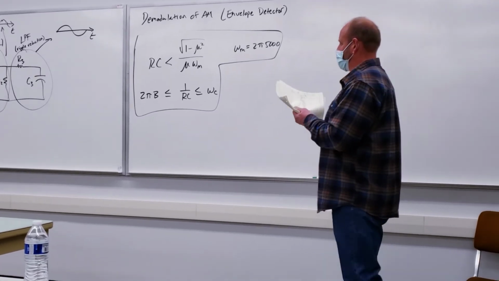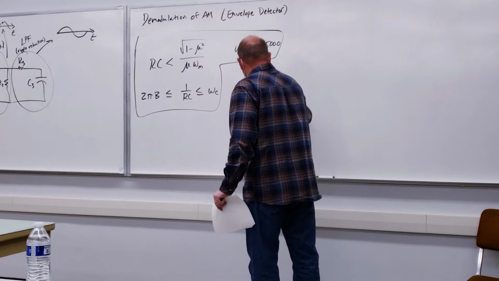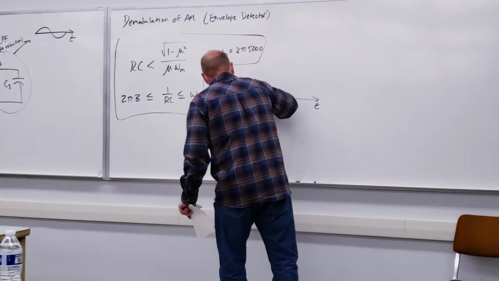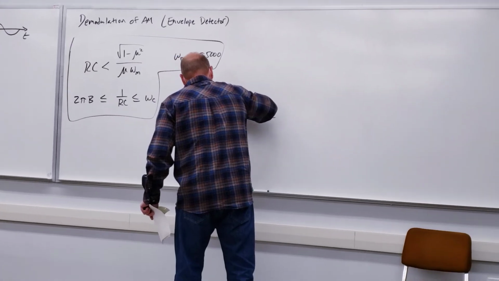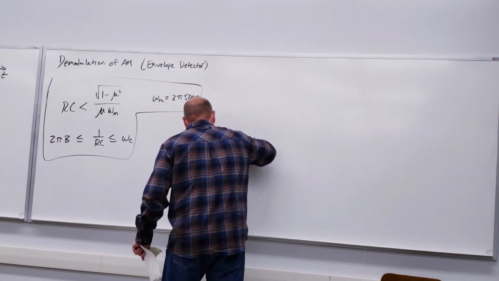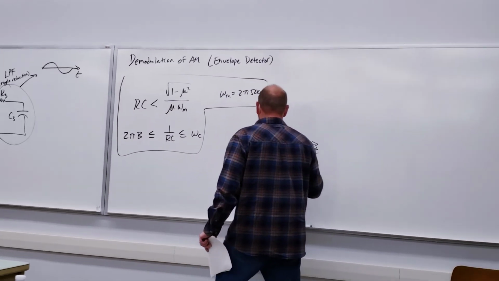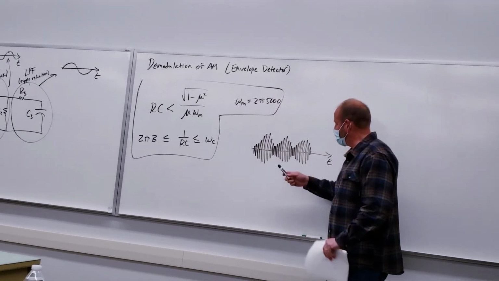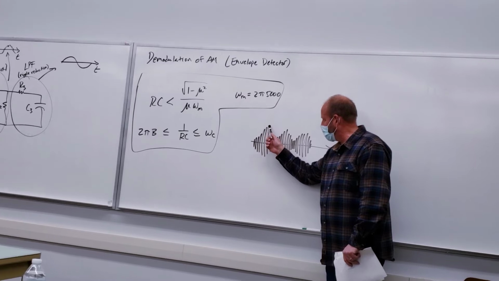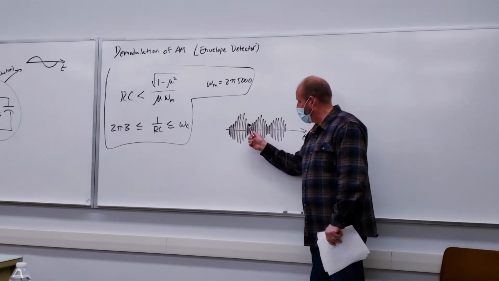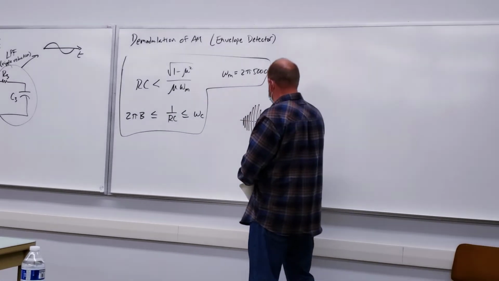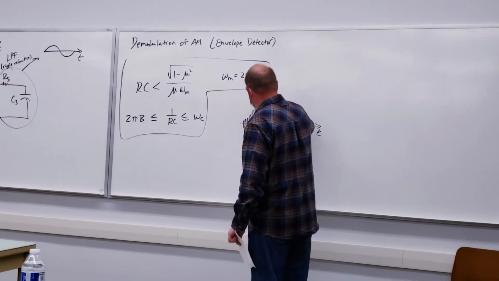I kind of like this method better myself, if I once again draw out the AM signal. You just think about it and say, I want the transient to die from here to here. Once again, this is just a ballpark, getting you close. You still have to experiment.